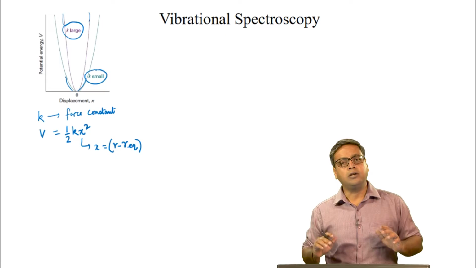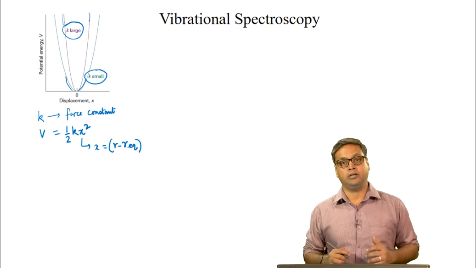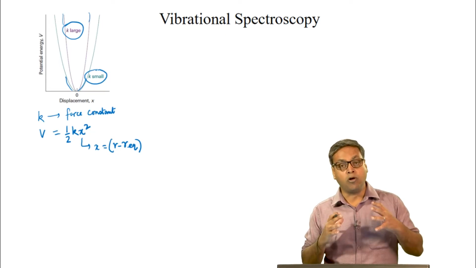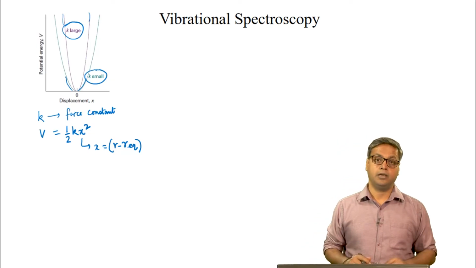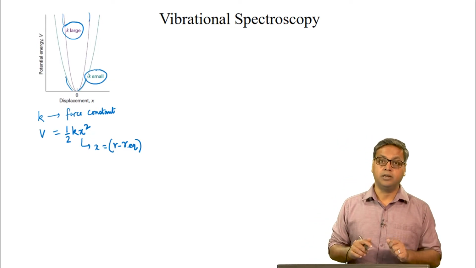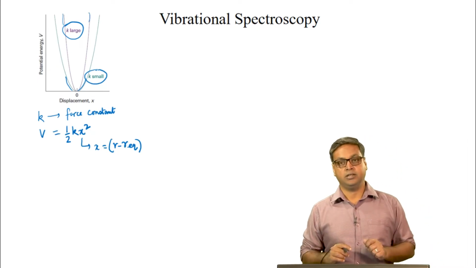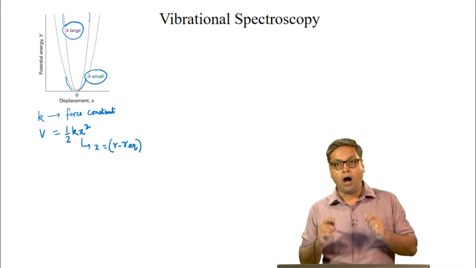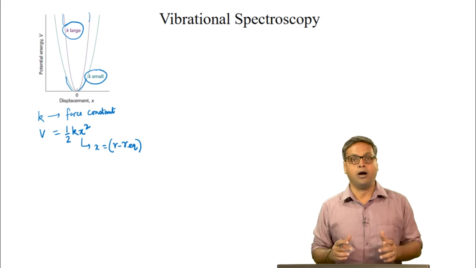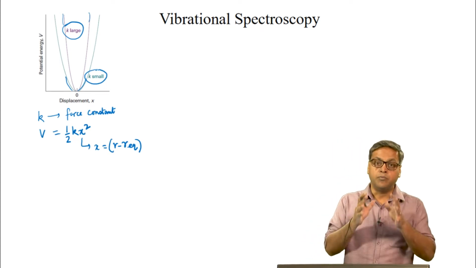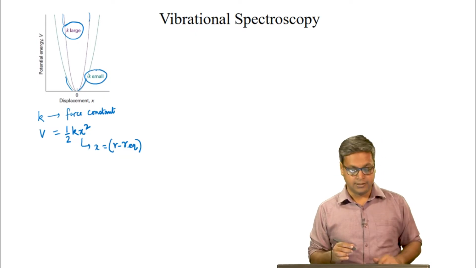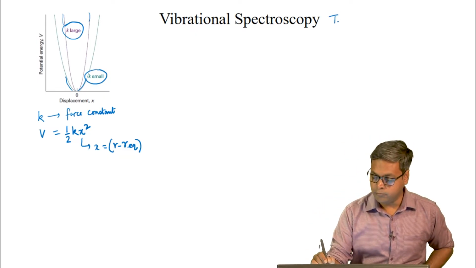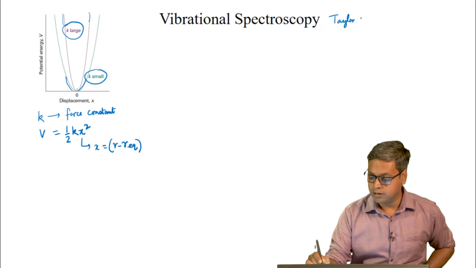In order to understand the connection between the shape of the molecular potential and the value of K, we can expand the potential energy, which is a function of r. We can expand V of r around the minimum by using something called a Taylor series.